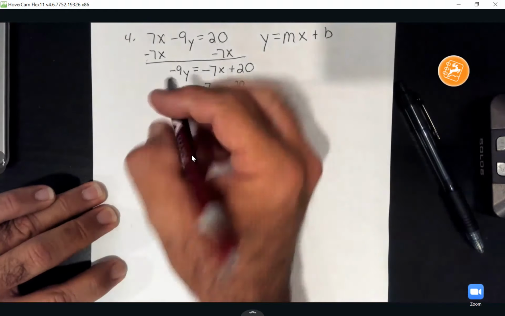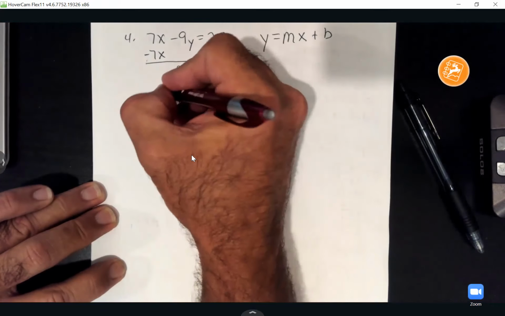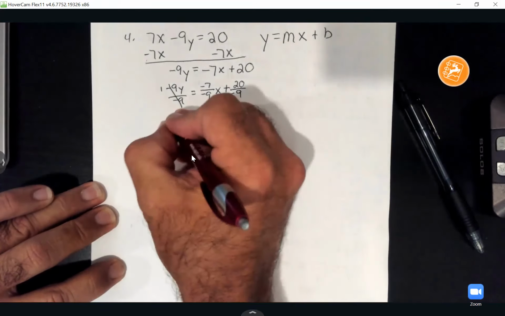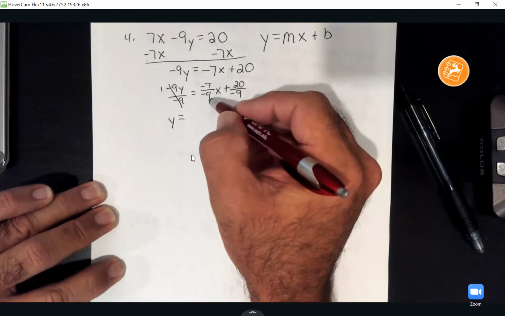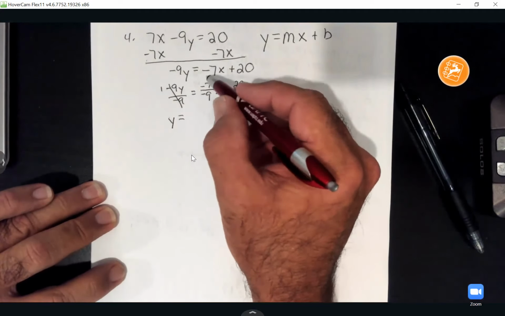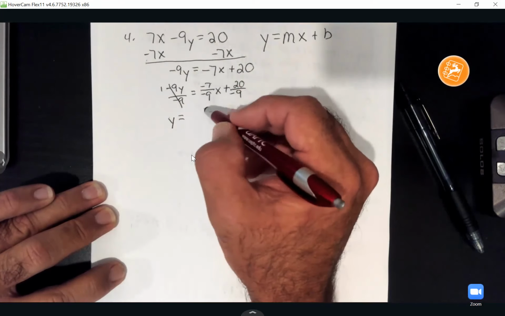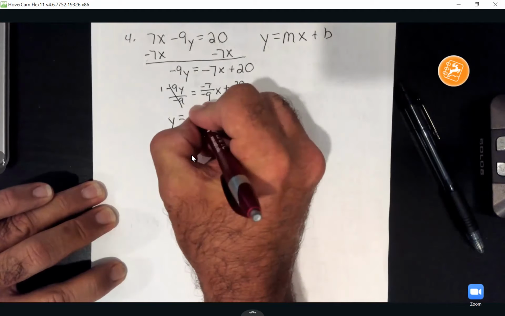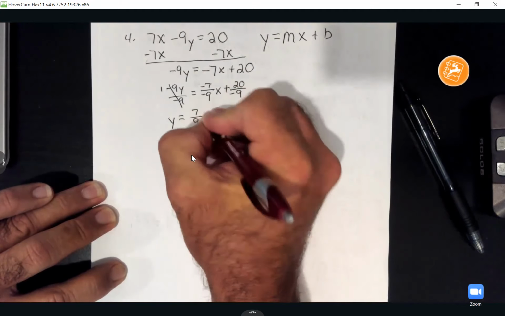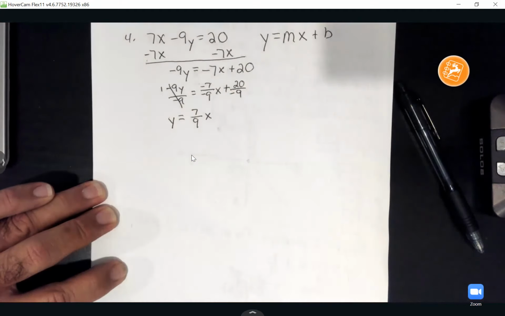All right, so what that's going to do, -9 divided by -9 makes that a 1y right there. 7, I can't divide by 9, but those two negatives are going to cancel. Remember, like signs when you divide becomes a positive 7/9x.